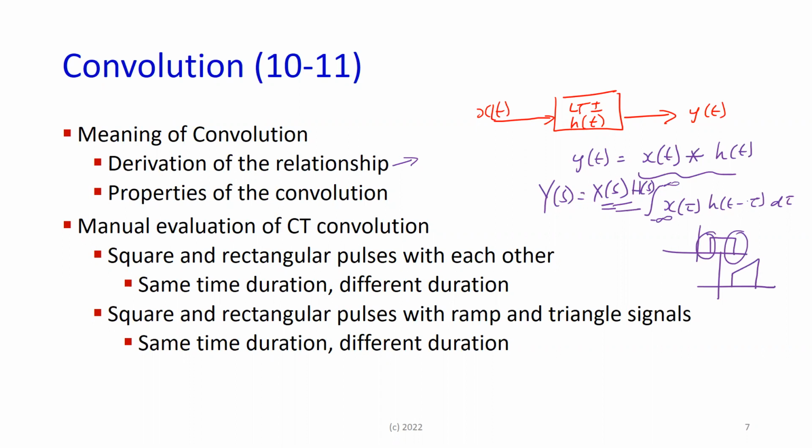And then we did some more complicated ones where we had rectangular or square pulses, and we were finding the convolution with things looking like this, you know, those kinds of things. The biggest issue with that is, of course, you have to find the equation of these lines.